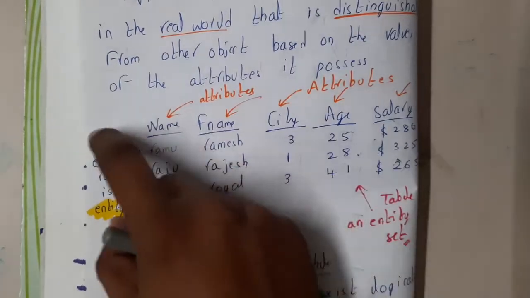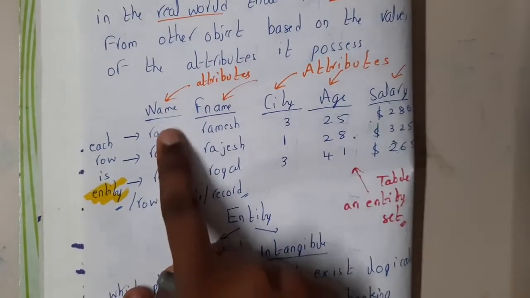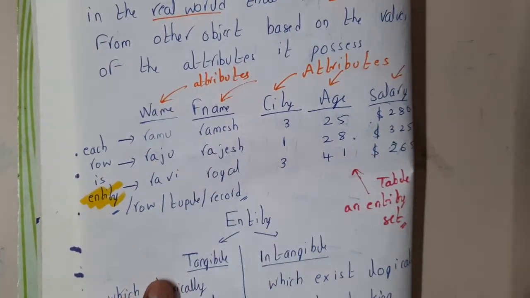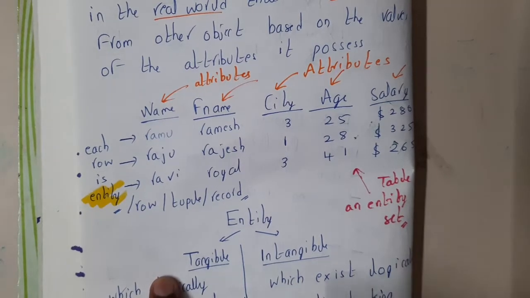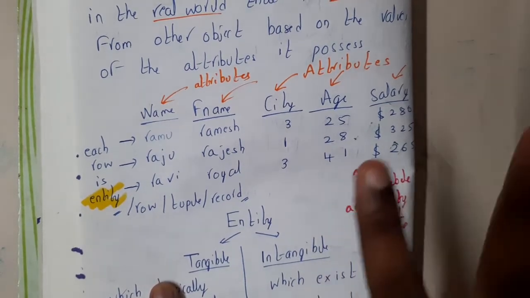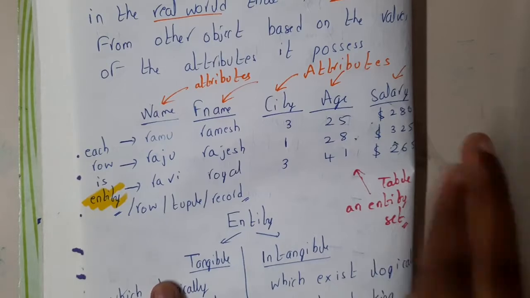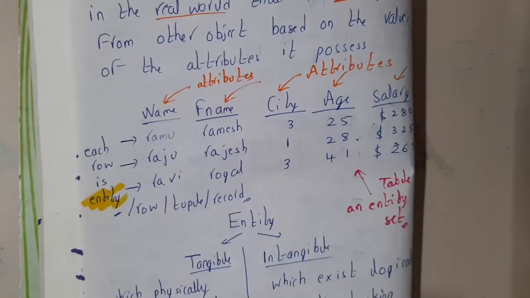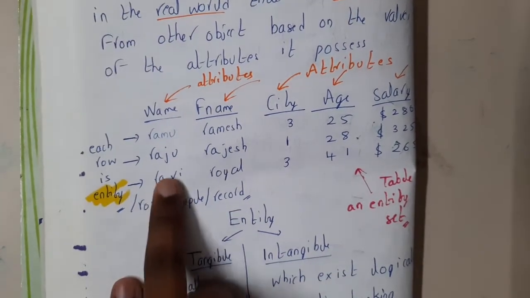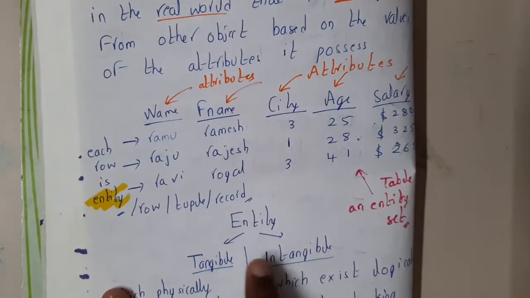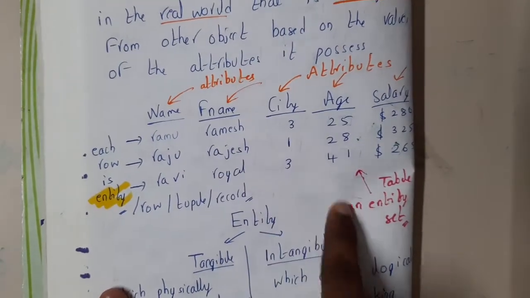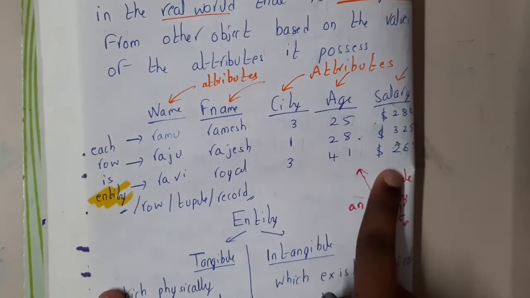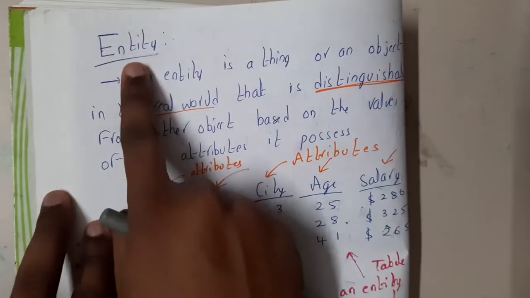Suppose names are 100% unique in your school, college or friend circle, with no repeated names. Then the name will be an entity, and using that name you can give all his features, like his father's name, his city, his age, his salary. That is an entity, guys.